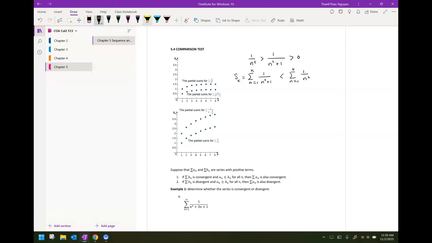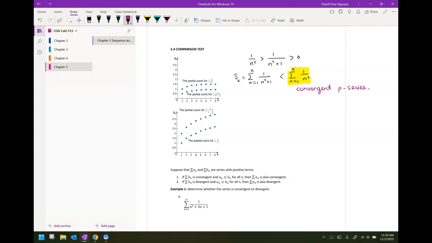Note that this series, 1 over n squared, is convergent by the P series. Now, we know that every term of each of these two sequences is increasing and is bounded above.